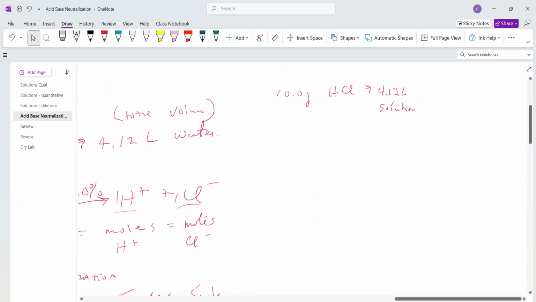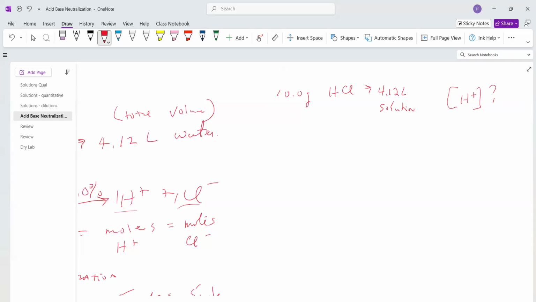We want to know the concentration of H plus. Remember, square brackets are concentration in moles per liter. First thing we need to do is convert grams to moles to find out how many moles of HCl are going to be thrown in that solution.